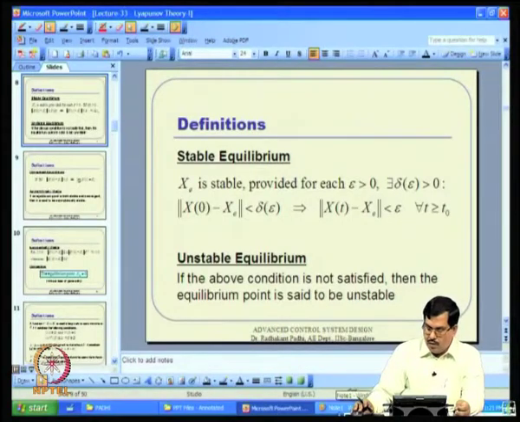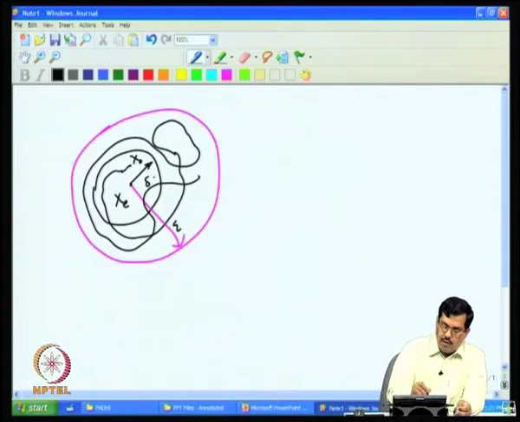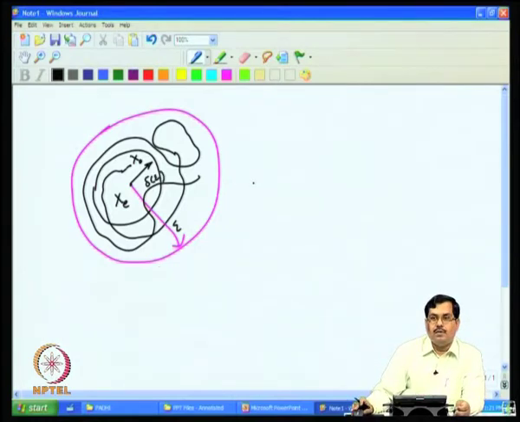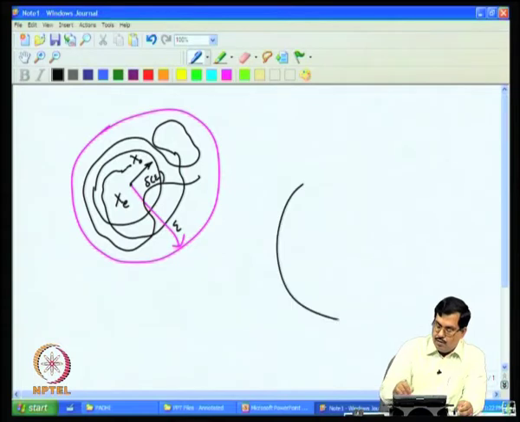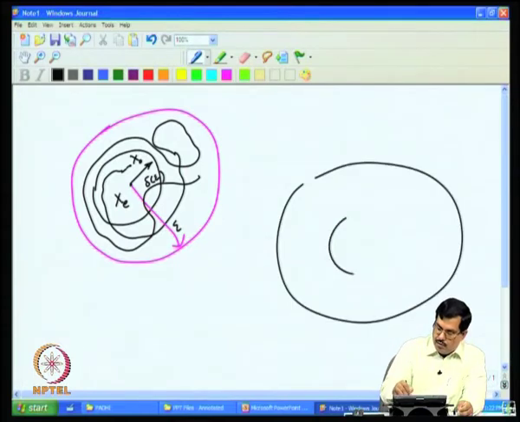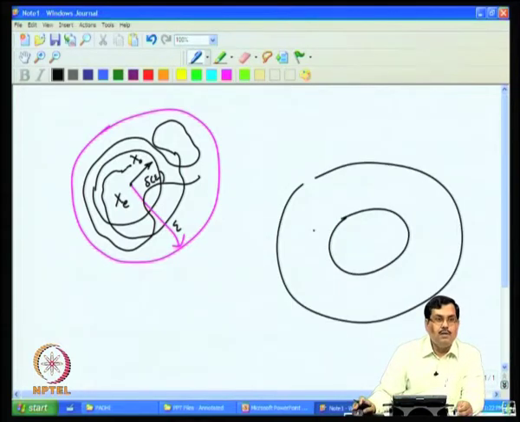It turns out that this delta can be a function of epsilon; it need not be an independent thing. If it is independent, that is a stronger notion. If I talk about a larger ball, then I can start with a larger or smaller delta; it is just a function of epsilon. It need not be an independently given bound.